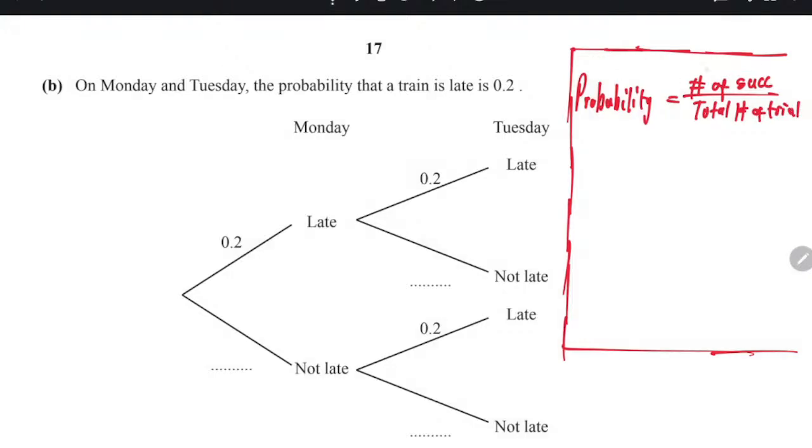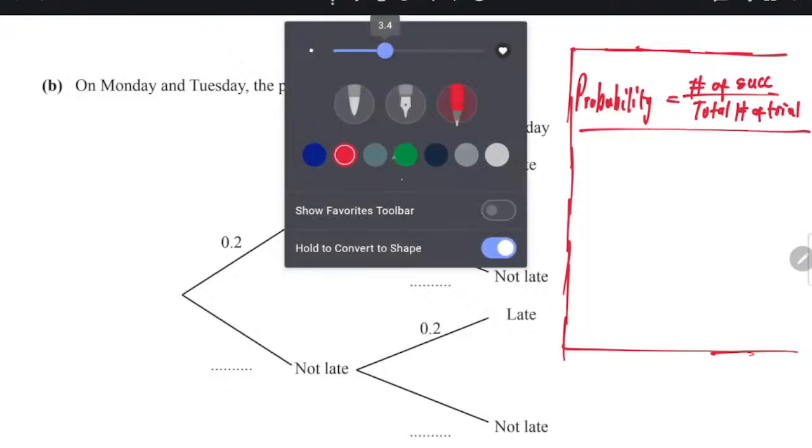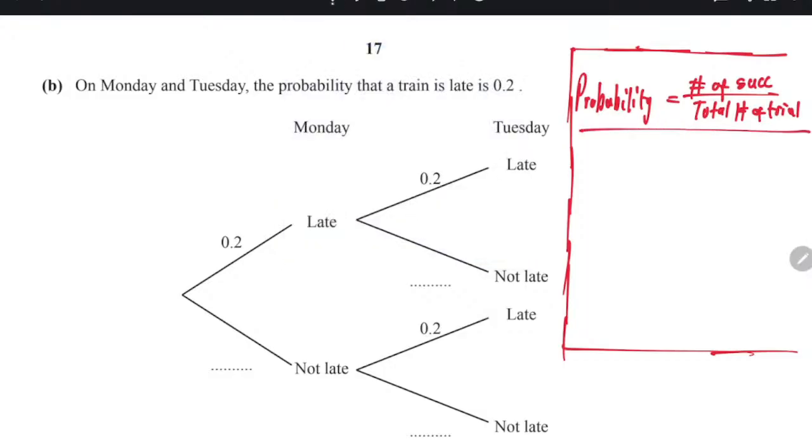Let's say you are told that you have a bag of sweets. In this bag, you have 4 red sweets, 3 green sweets, 2 yellow sweets. Then we tell you you are going to pick a sweet randomly. What is the probability that it's red? You don't think hard.